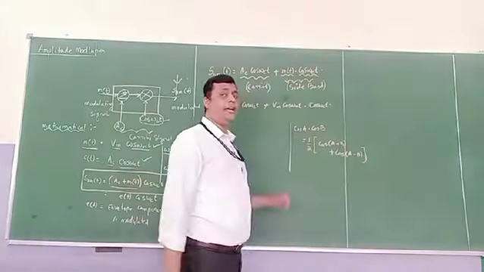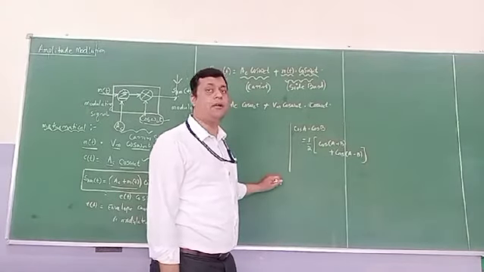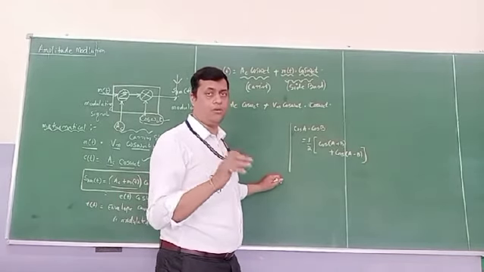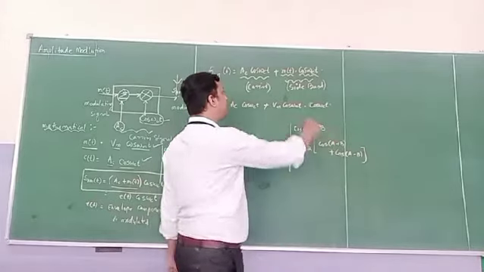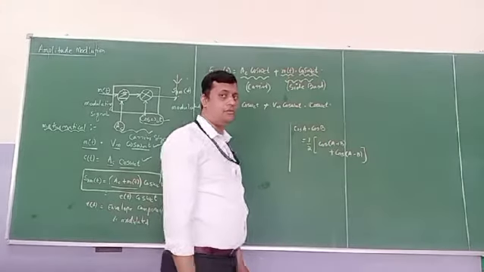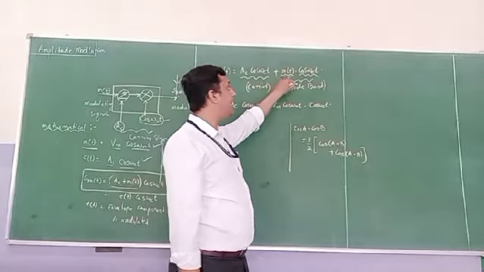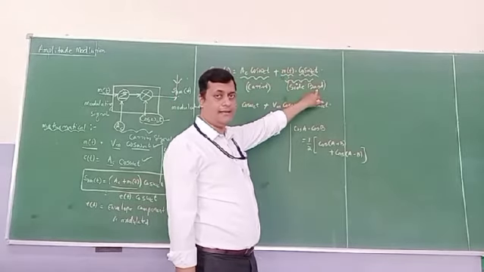Now here A and B represent the frequencies. A is the higher frequency and B is the lower frequency. In this case, which one is higher, which one is lower? The lower frequency is our modulating signal and the higher frequency is the carrier signal.